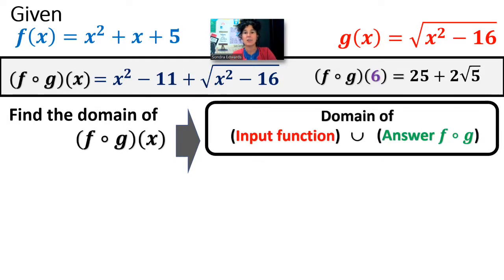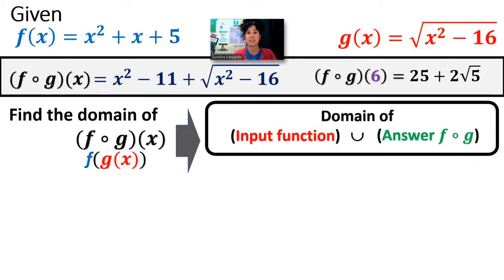To find it, we're going to first consider the input function. So our input function here is the g of x. So let's look here at g of x, and we would like to find the domain of g of x. As soon as we're finding domain, we're thinking, okay, I'm looking for an x underneath an even root, an x in the denominator, or a logarithm of x.